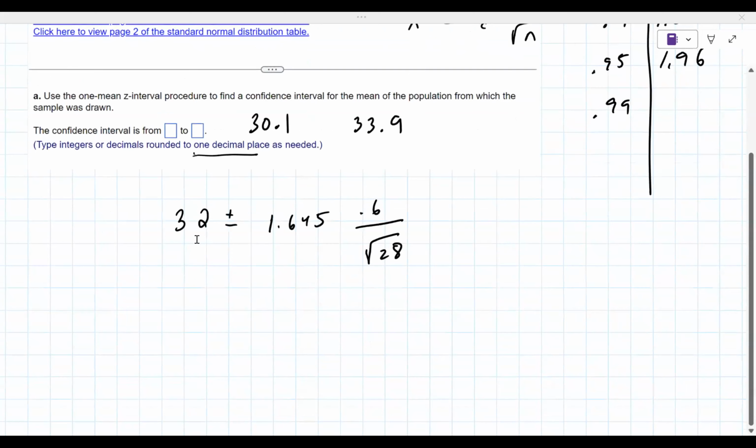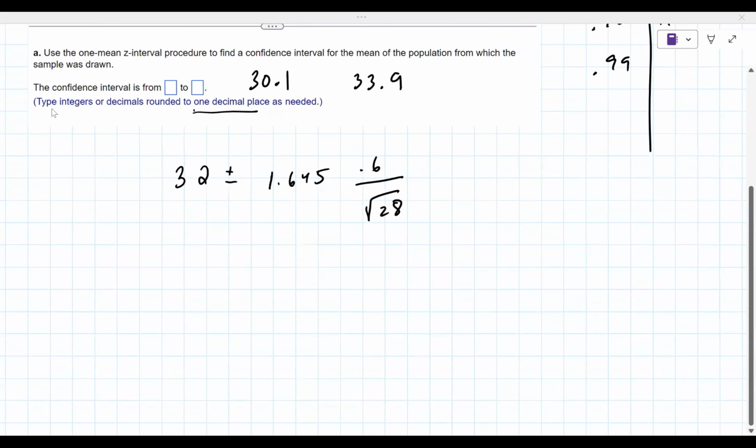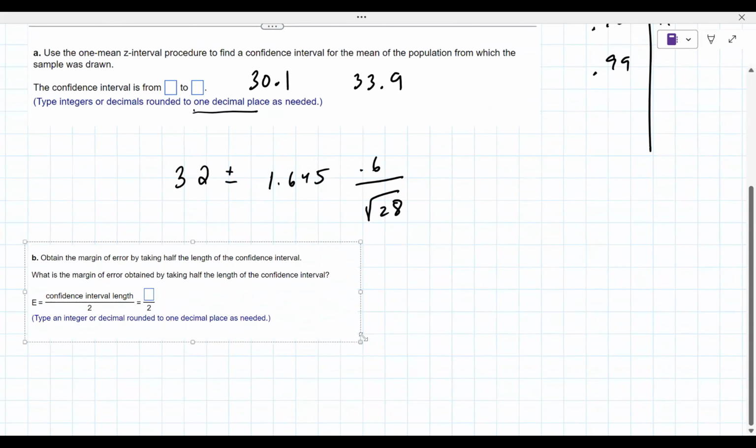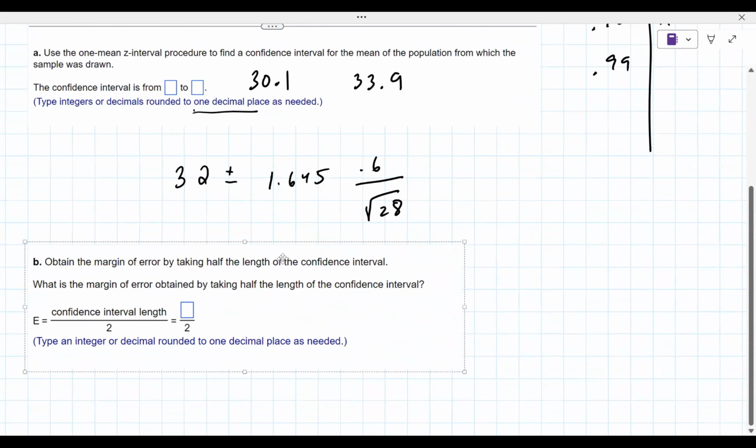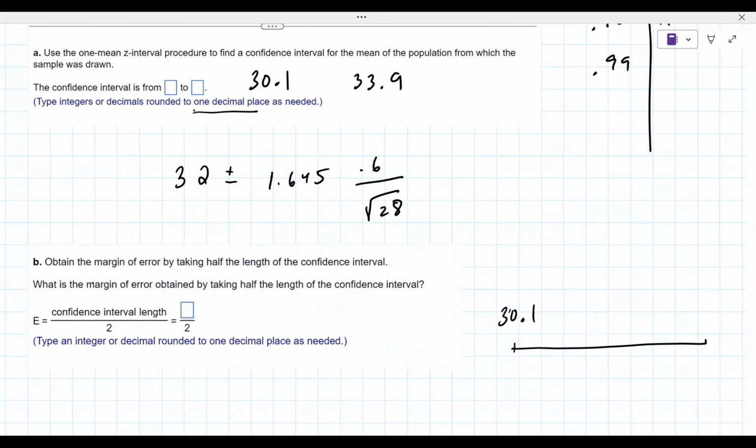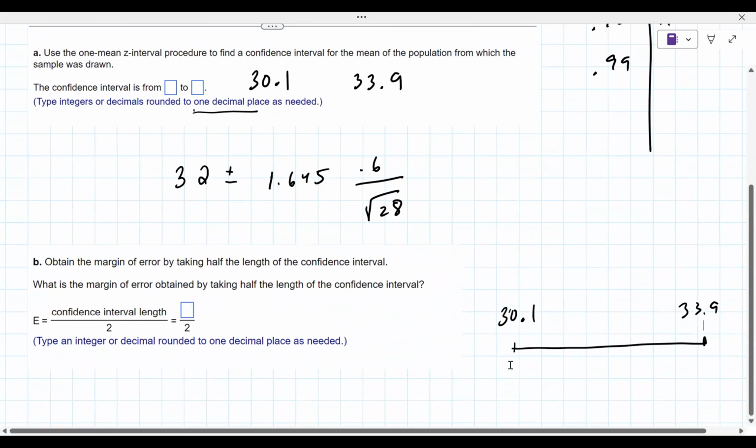You got it? Yeah. All right, so part B. Part B says to obtain the margin of error by taking half the length of the confidence interval. So the confidence interval is 30.1 to 33.9. So we need to calculate this width.